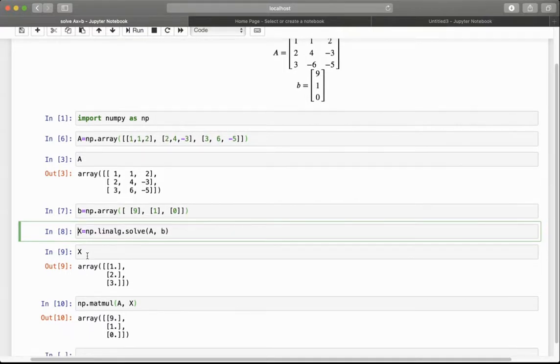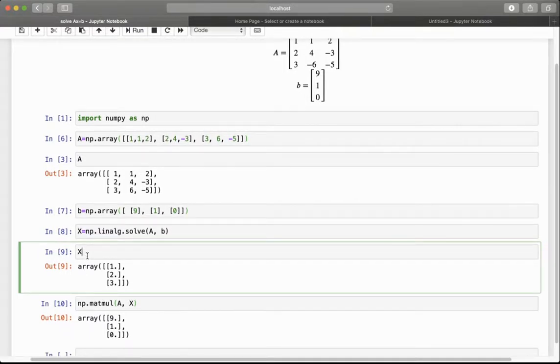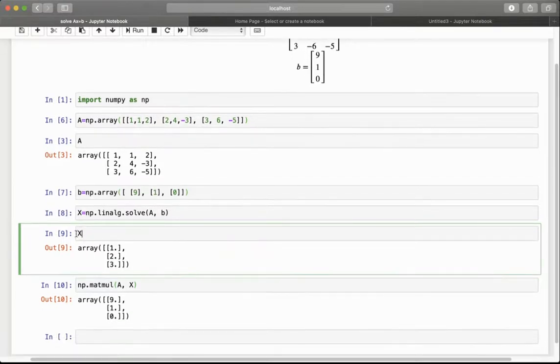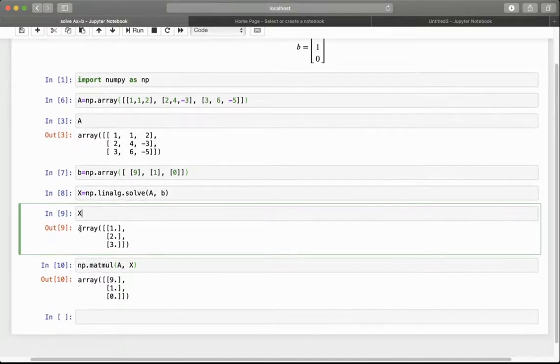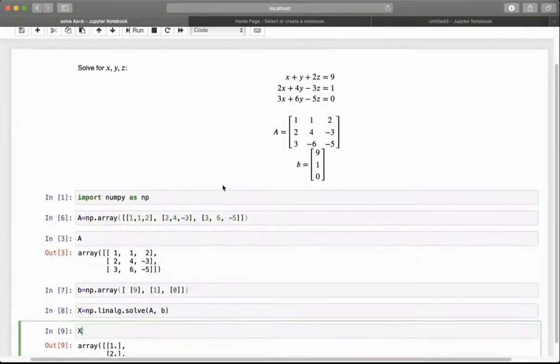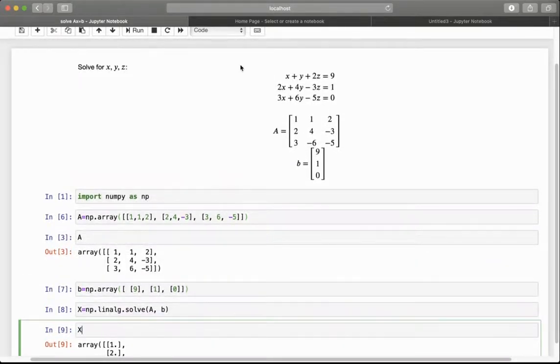And then I asked Python, well, what did you find for X? I type in capital X, hit Shift Enter, and it gives me that X is this 3 row, 1 column matrix consisting of 1, 2, and 3. And that indeed is the solution for x, y, and z. Well, x is 1, y is 2, z is 3. It just happens to be that for this particular system of equations.